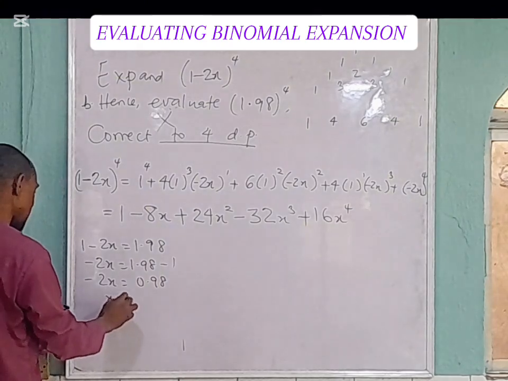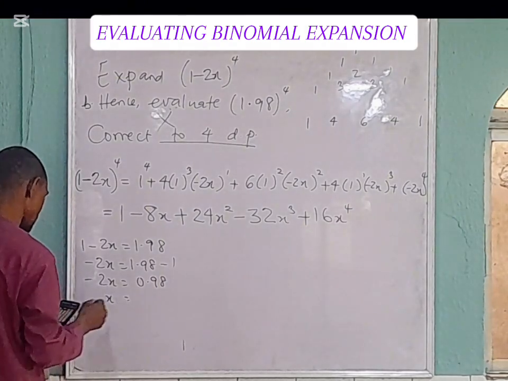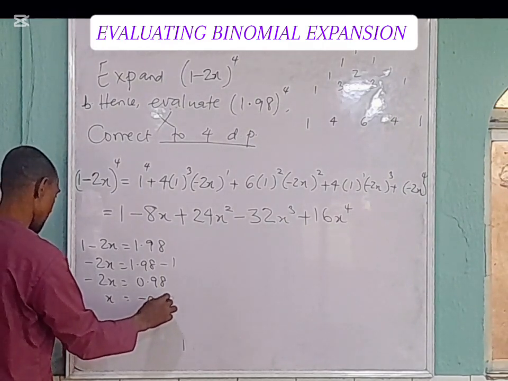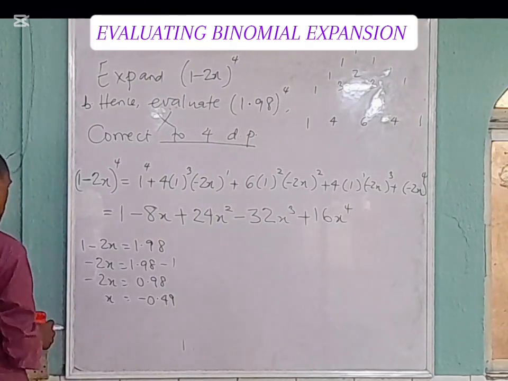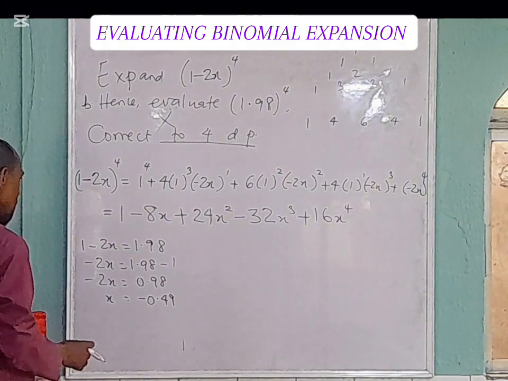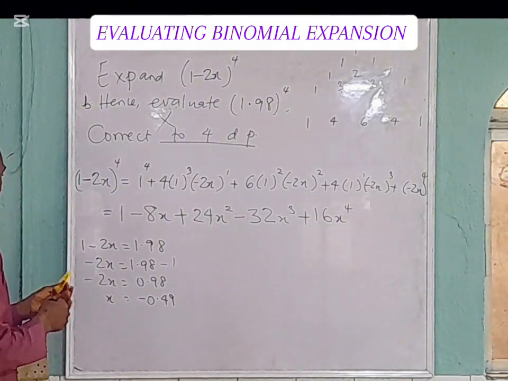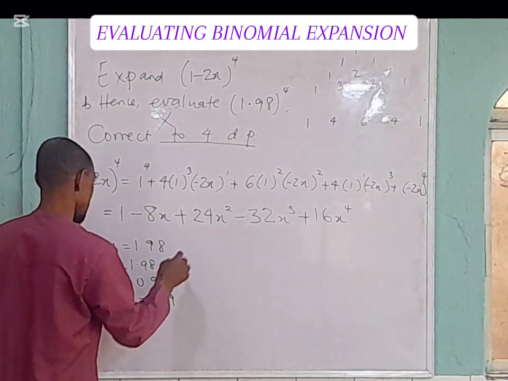So when you divide that by 2, that gives minus 0.49. That's minus 0.49. That will be the value of our x. Now, let's come back here.